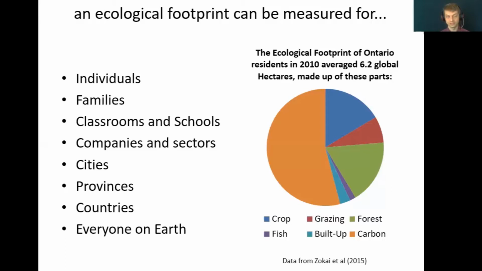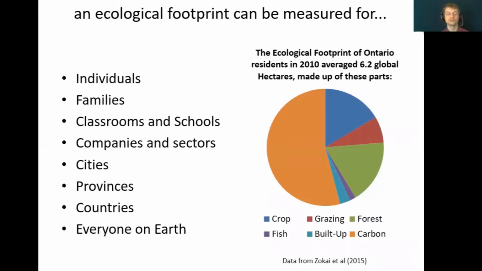Back to the Ontario example, we can compare this 2010 data to data from the year 2005, because an assessment was done using that year's data as well. Over this period of 5 years, Ontario's ecological footprint was reduced, even though the number of people grew in Ontario.